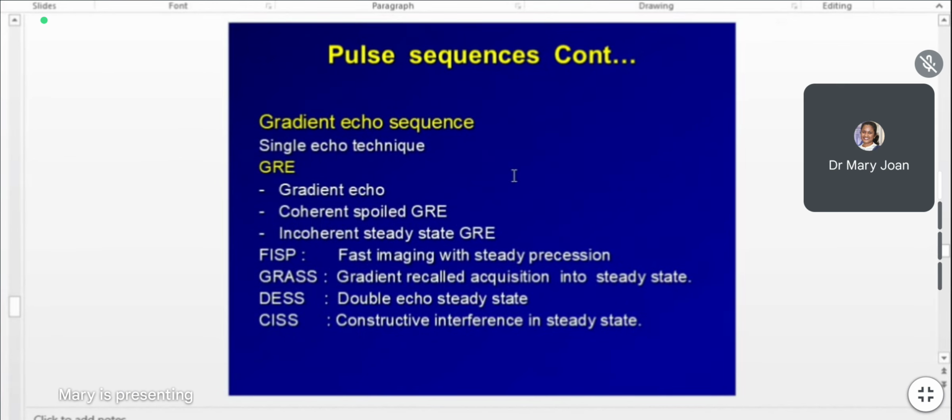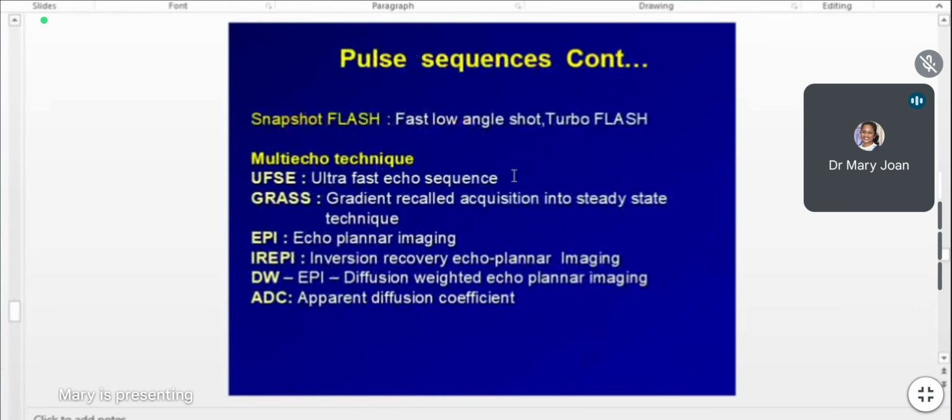And gradient echo sequence is a single echo technique. So the gradient echo sequences include coherent, spoiled GRE, and incoherent steady state GRE. The techniques are FISP, fast imaging with steady precession; GRASS, gradient recalled acquisition in steady state; DESS, double echo steady state; CISS, constructive interference in steady state; and snapshot FLASH, the fast low angle shot, turbo FLASH.